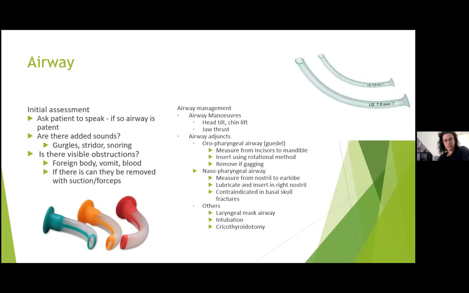And obviously, if you feel like you can't manage this, then call for help. It might be anaesthetics, or it might be someone more senior. I don't think you'd be expected to know all of this straight away when you start. So just call for help. Yeah, definitely. That's probably the other big point to hammer home.